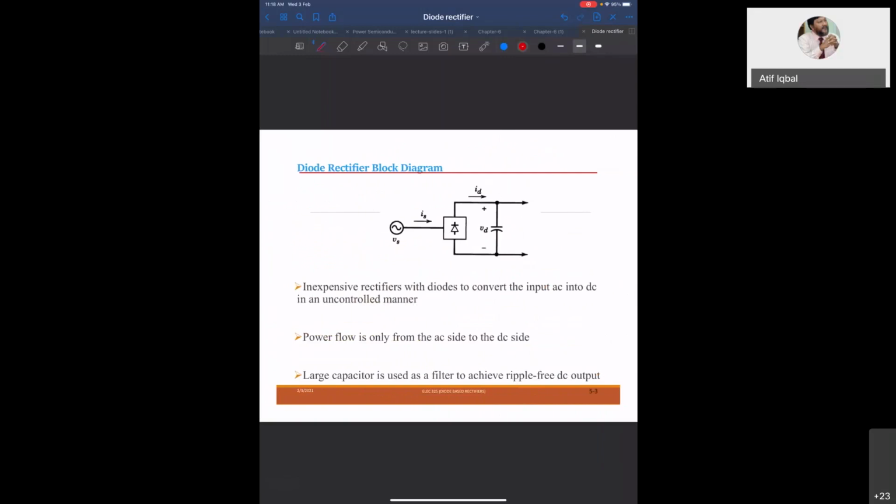Inexpensive rectifiers with diodes convert the input AC to DC in an uncontrolled manner. When we say uncontrolled, it is because you are using a diode, and as you know, the diode starts operating as soon as its anode has a greater voltage than the cathode.